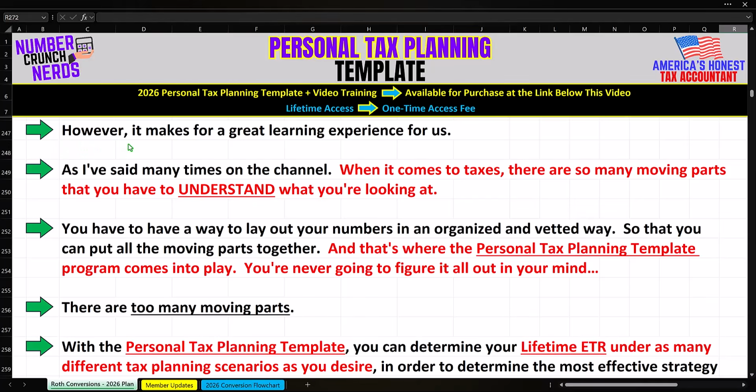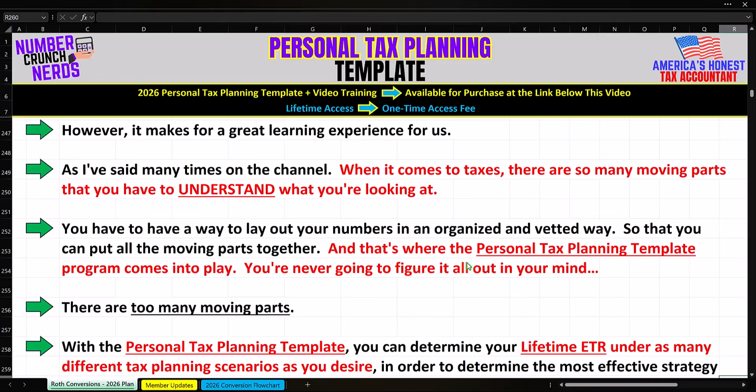However, with that said, it makes a great learning experience for us. Because as I've said many times on the channel, when it comes to taxes, there are so many moving parts that you really just have to understand what you're looking at. You have to have a way to lay out your numbers in an organized and vetted way so that you can put all of the moving parts together.